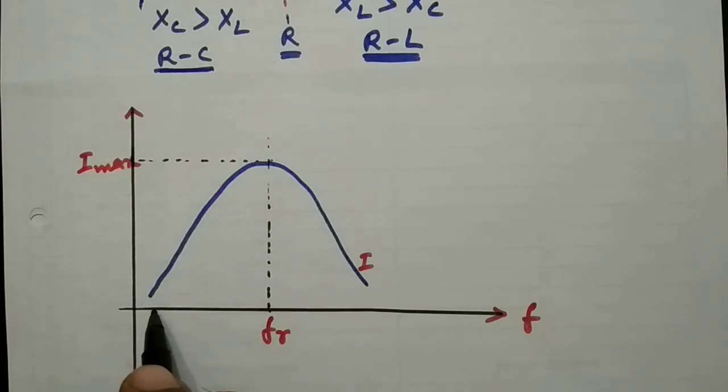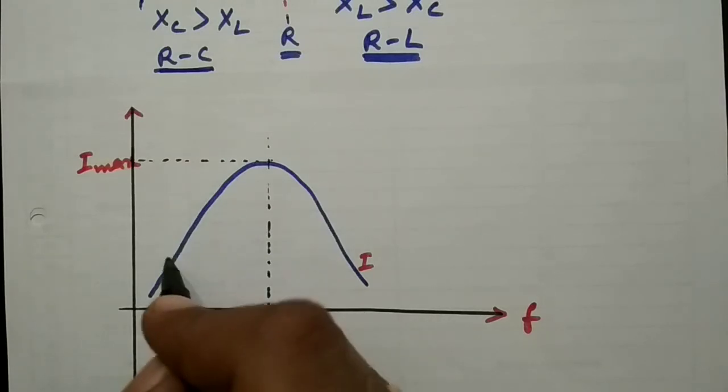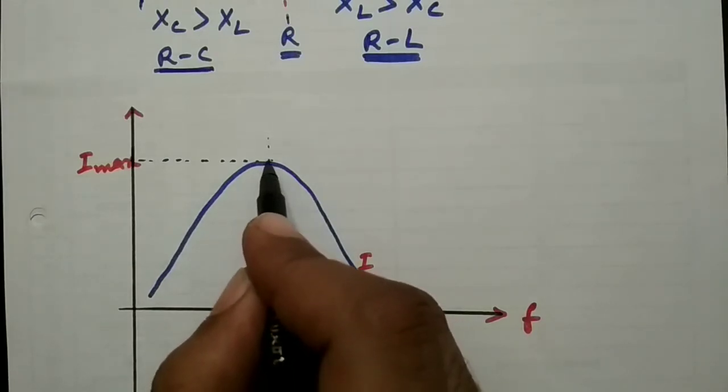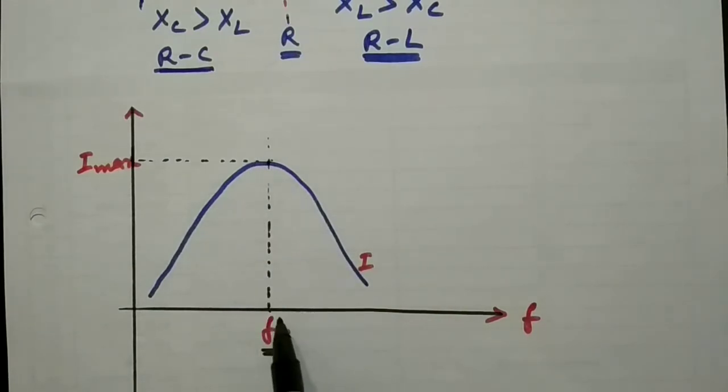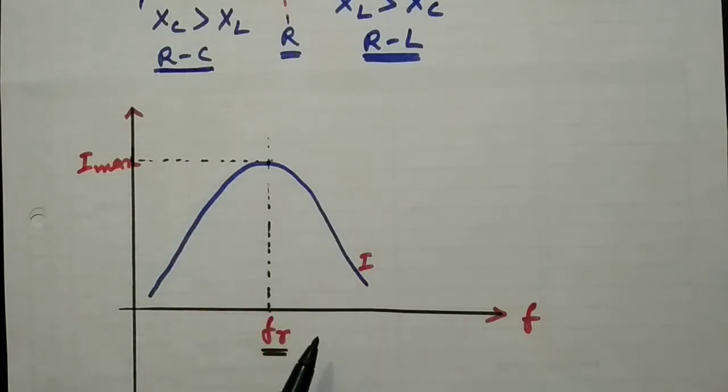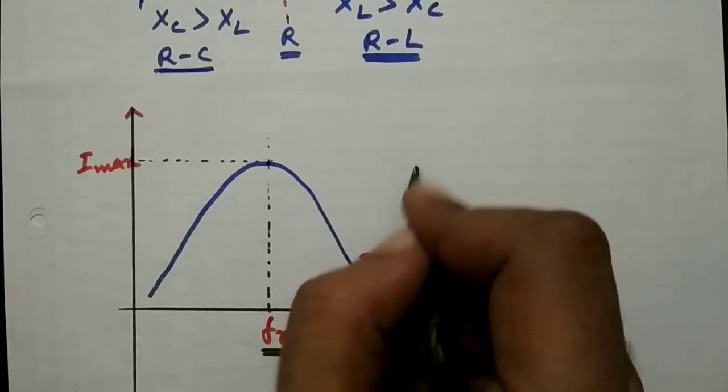As the frequency is gradually increasing, the current will also be increasing. When the frequency is equal to the resonant frequency, the current will become maximum. After the resonant frequency, if the frequency increases further, then the current will be decreasing. Here the curve of the current with respect to the frequency is called the resonance curve.